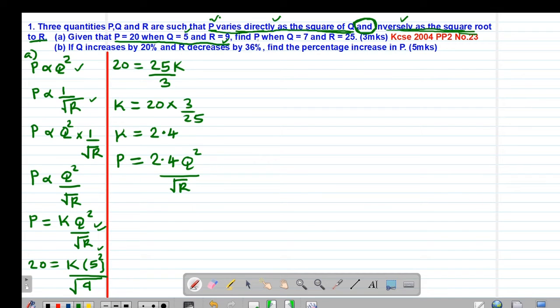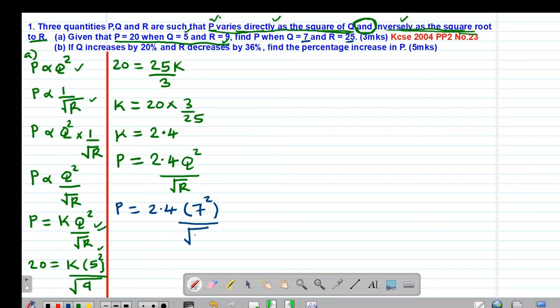So we are told to find the value of P when Q is 7 and R is 25. This simply means that our value of P will be equal to 2.4 multiplied by Q squared. We are told that Q is 7, so this will be 7 squared, then divided by the square root of R, where R is 25.